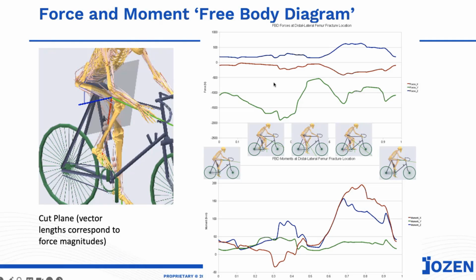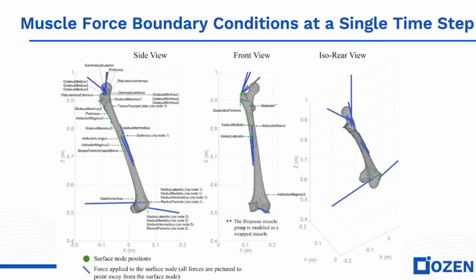And once you do that, you start getting the muscular forces in X, Y, Z directions as a function of time, which is the output coming from the musculoskeletal simulation. And then you take those and apply them to the finite element model as a boundary condition.